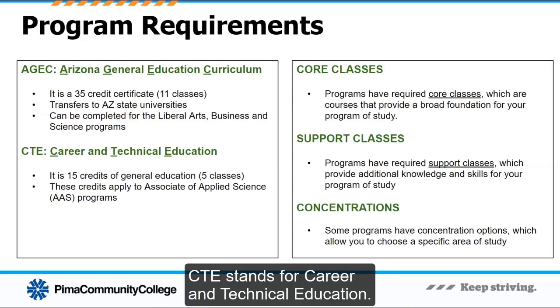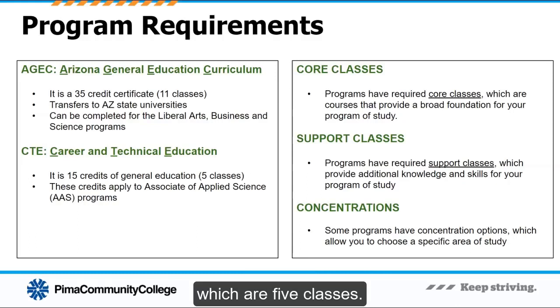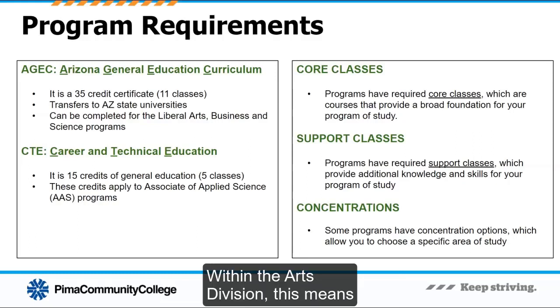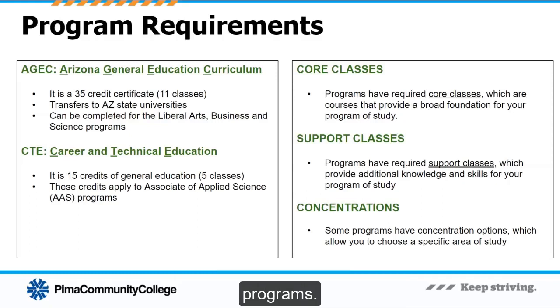CTE stands for Career and Technical Education. It is a 15 credit general education requirement, which are 5 classes. These credits apply only to the Associate of Applied Science degrees. Within the arts division, this means that you will be completing CTE requirements for digital arts programs.